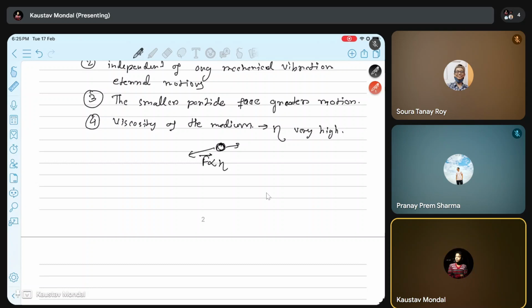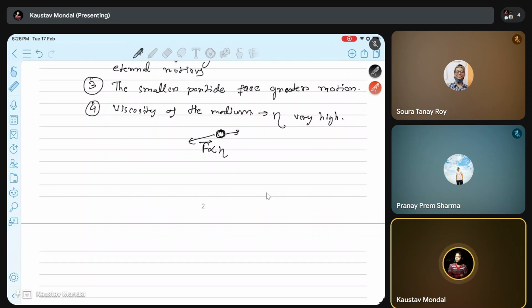So if eta is higher, the friction force is higher, and the Brownian motion will be hindered. So if eta is higher, the motion would be less; less viscous medium results in higher motion.